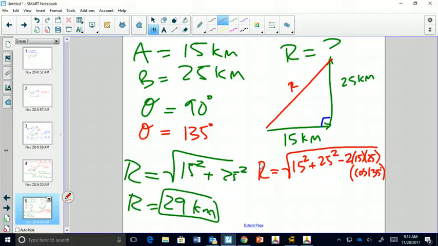So pop it in. And again, remember that you have to do these first, right? Square it, multiply it. Let's see what you get. Yeah, cosine of 135, yep.